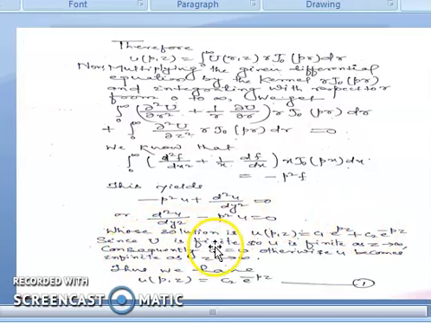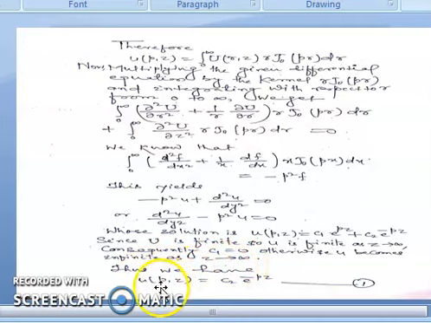Since u is finite as z tends to infinity, conveniently c1 equals 0, otherwise c1 e to the power pz becomes infinite as z tends to infinity.